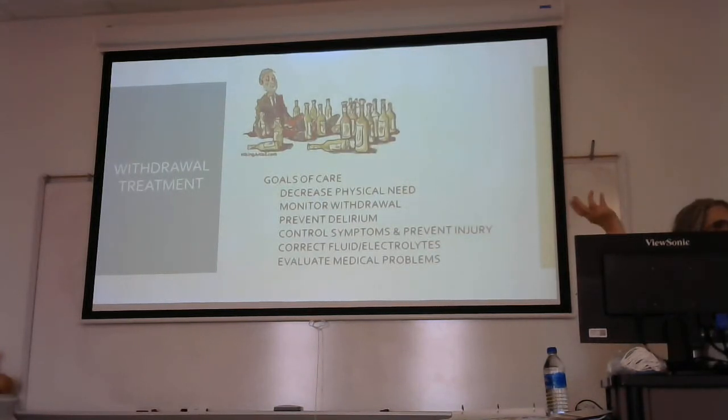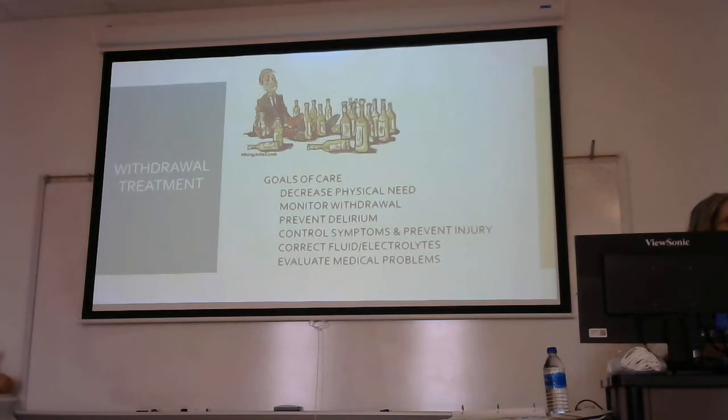The banana bag I talked about, the replacement of thiamine, B complexes, mag sulfate, because as they're detoxing and coming off of that alcohol, remember they had that rebound CNS stimulus, and mag sulfate will help to calm that nervous system down, the irritability.